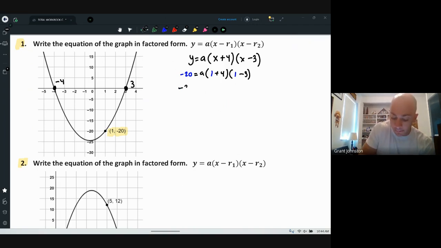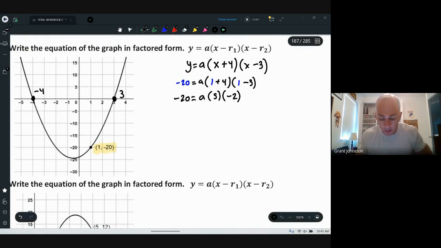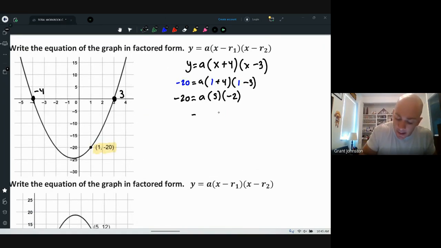Now let's do some simplification here. 1 plus 4 is 5. 1 minus 3 is -2. Rewrite that. Let me zoom in a little more. And then rewrite the -20. 5 times -2 is -10. I'm going to put the -10 in front as our coefficient because a is being multiplied by the -10, and typically we write that number in front.